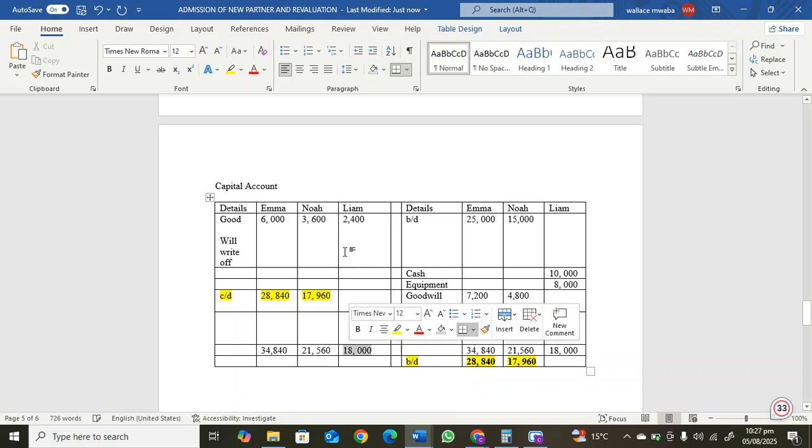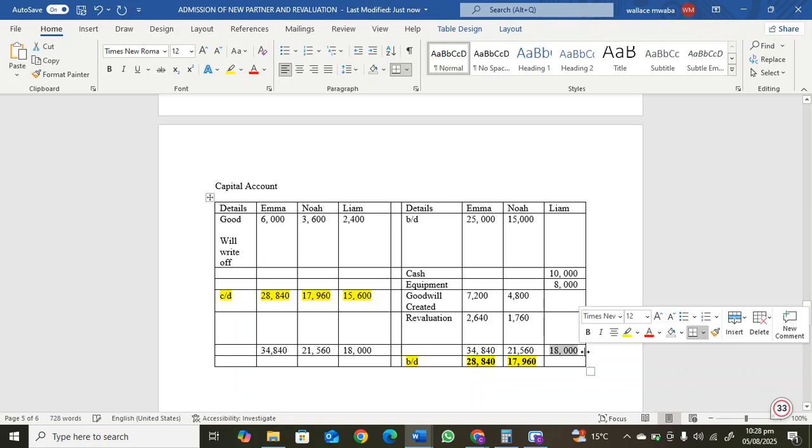So 18,000 minus 2,400, what do we get? 15,600. So as you can see, he comes in with 18,000, but since he has to compensate the two other partners, he remains with 15,600.